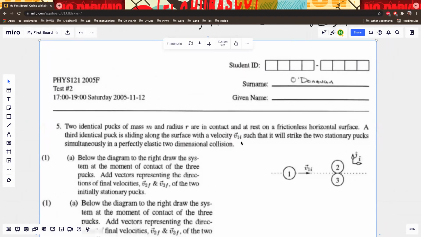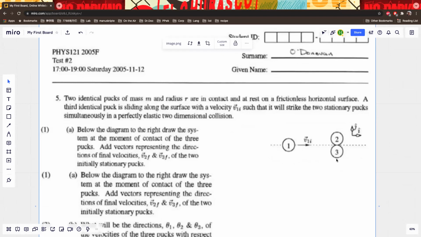Okay, so 2 identical pucks of mass m and radius r are in contact and at rest on a frictionless horizontal surface. So these are the identical pucks, 2 and 3. A third identical puck is sliding along the surface with a velocity v1i, such that it will strike the 2 stationary pucks simultaneously in a perfectly elastic 2-dimensional collision.